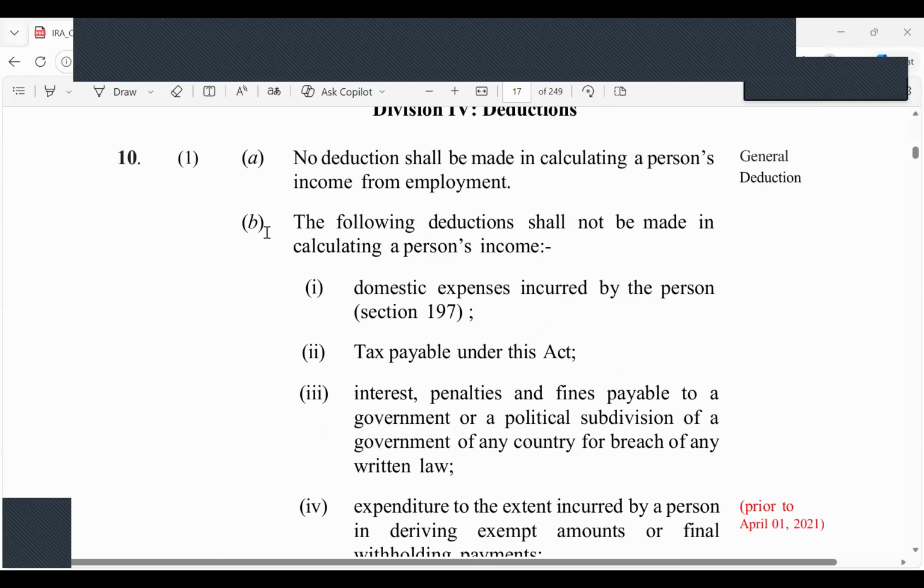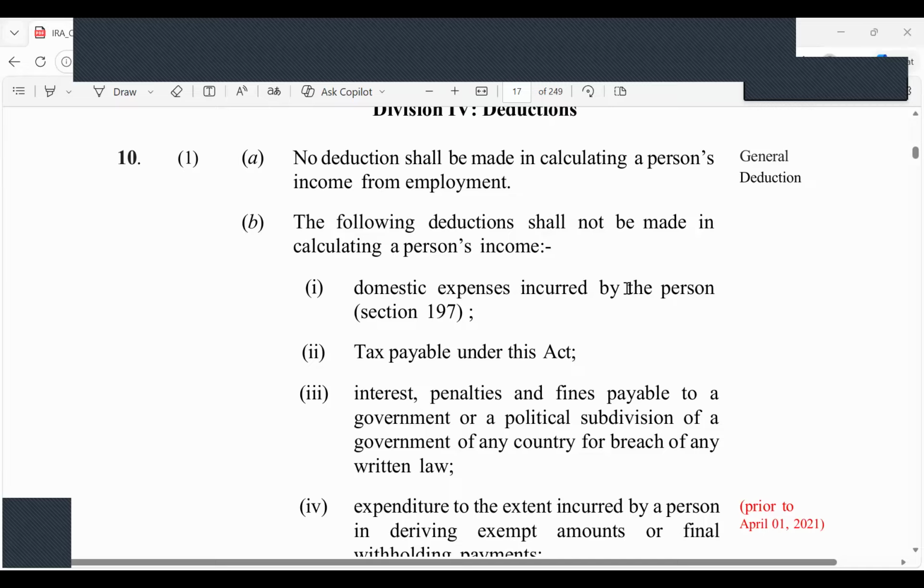Then under paragraph B it says the following deductions shall not be made in calculating a person's income. So here you can see the term person, not the individual, because these deduction rules are available not only for the individuals but for the person.